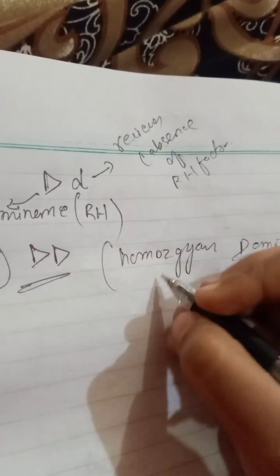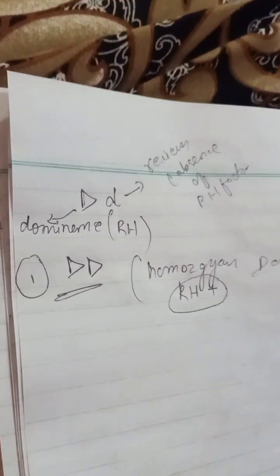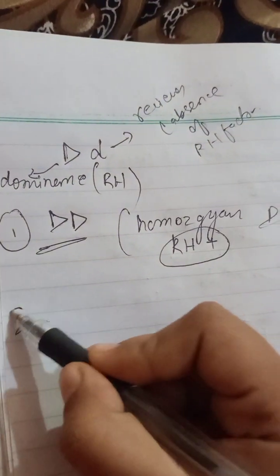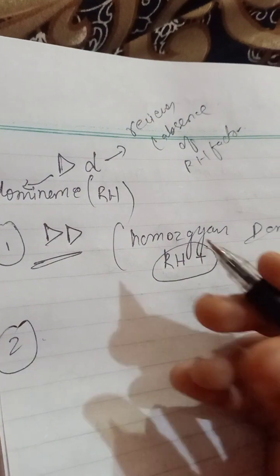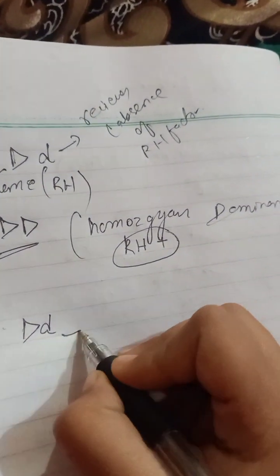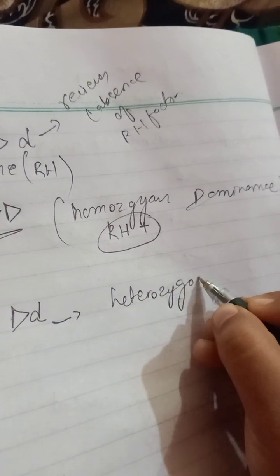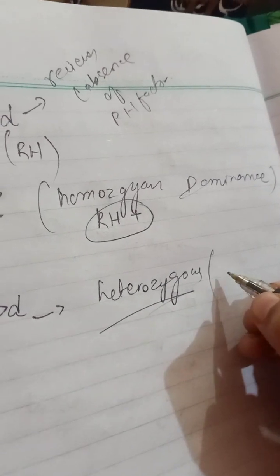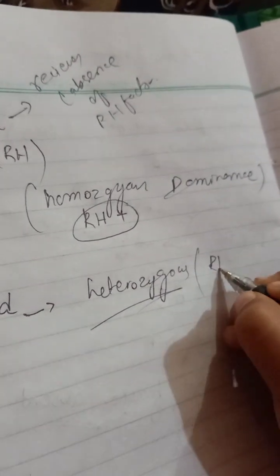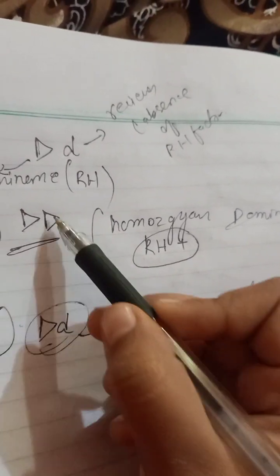If the dominant is there, the Rh factor is positive, or present. If I have one dominant and one recessive, which is heterozygous, meaning they are different, this is also Rh positive because the dominant is there.